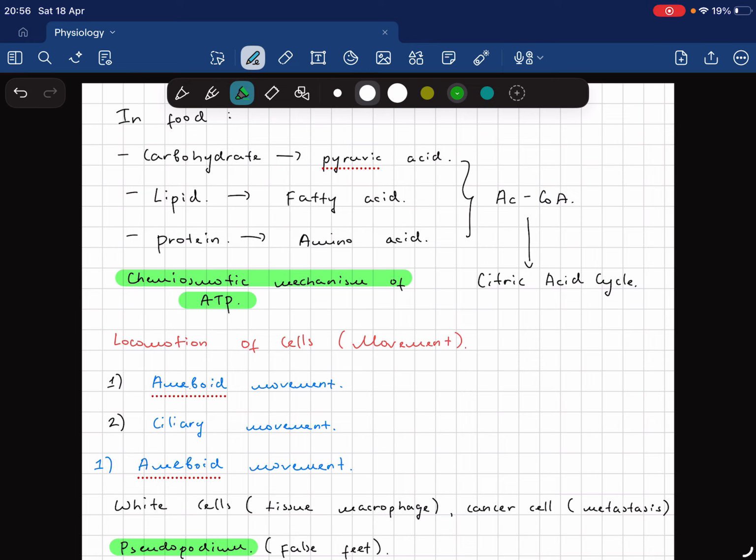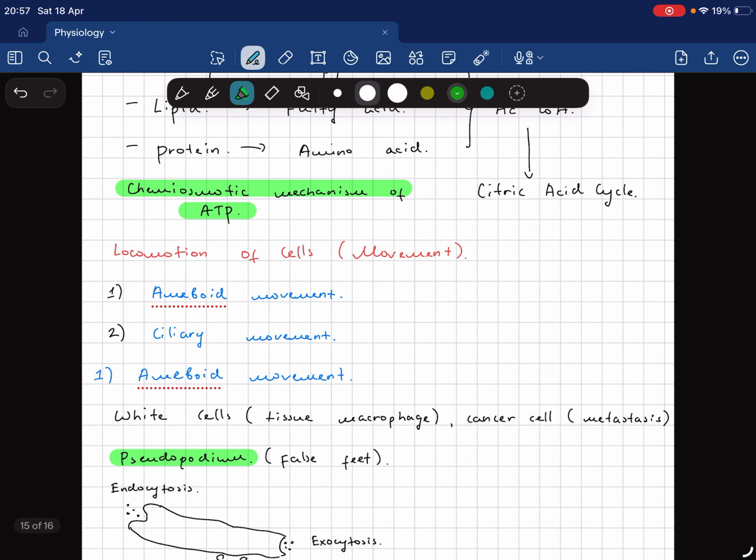All these molecules are converted into a molecule called acetyl-CoA, and that goes through the big process called the Krebs cycle. The one I was talking about before, 95% of ATP is produced by the Krebs cycle, right? And all these things are together called the chemiosmotic mechanism of ATP.